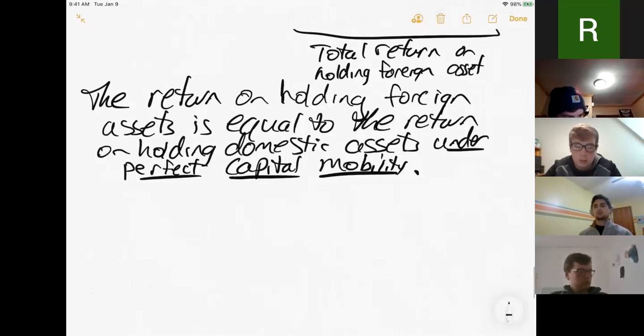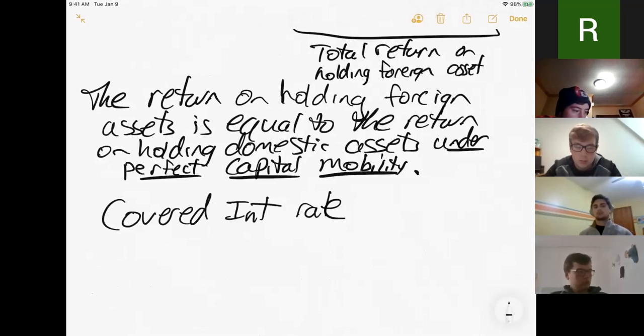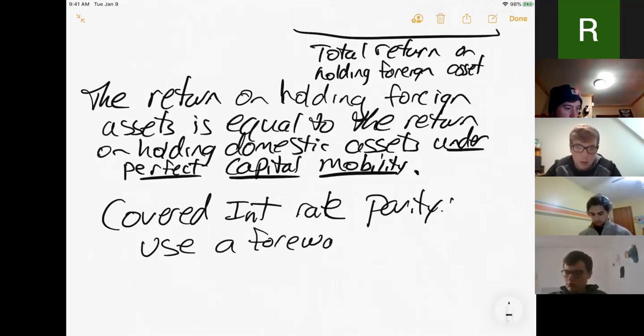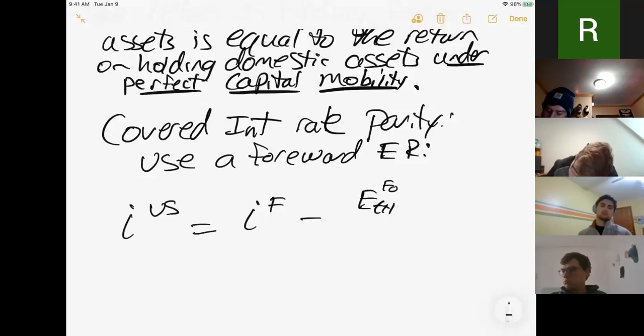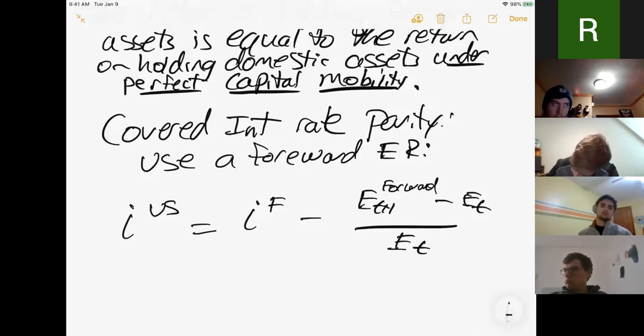Now, there is something called covered interest rate parity. With covered interest rate parity, you have a forward exchange rate, meaning you can lock into a forward exchange rate.